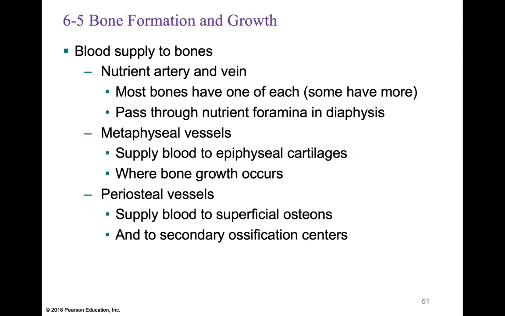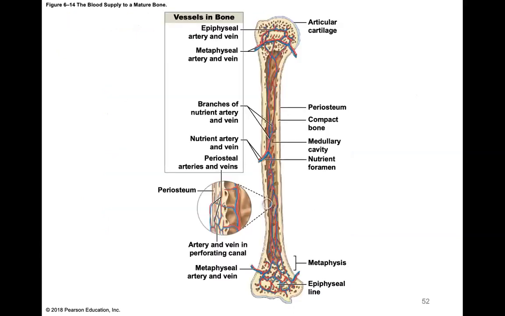And then you also have periosteal vessels. These are going to filter into the periosteum, that structure, and supply blood to the superficial osteons and to the secondary ossification centers. And here you can see the different areas of the blood supply throughout bones.